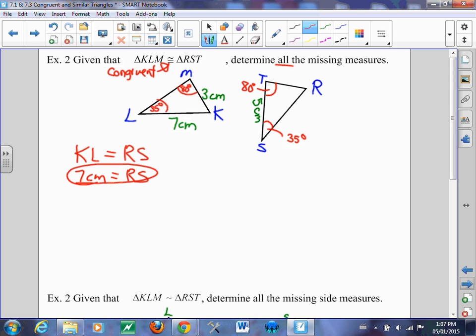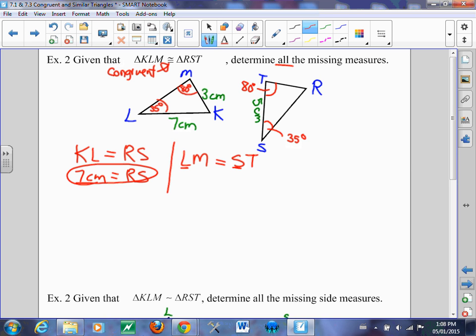Next side length that we're going to take a look at, let's do LM. LM is going from a 35 angle to an 80 angle. So what does that match up to here? That matches up S to T, and yes, you have to have the order. It can't be LM equals TS, it's ST, because both the 35 degree angles start first.